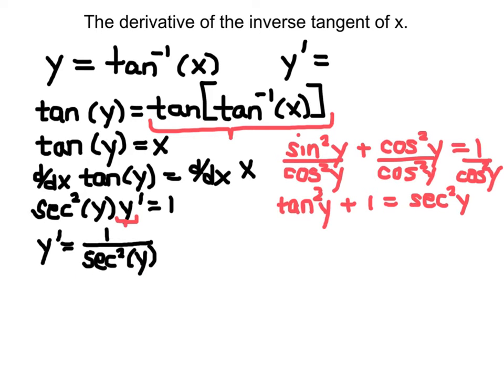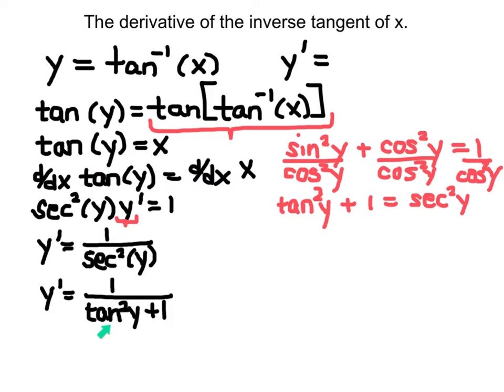And I can say, back to black, that y prime is equal to 1 over the secant squared y, but I just discovered that the secant squared y is the tangent squared y plus 1. Now, the tangent of y is equal to x.